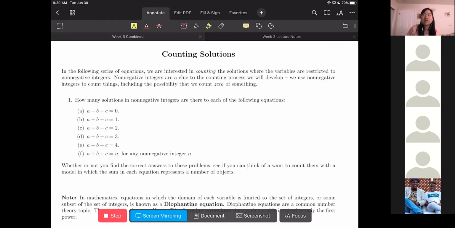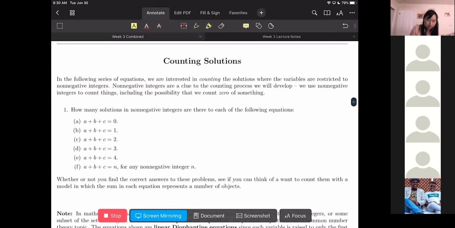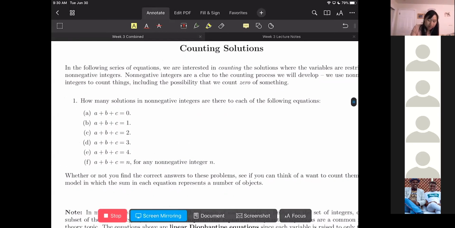But let's first look at this example. So the question here is, how many solutions in non-negative integers are there to each of the following equations? Let's just work through some of these before we think about how to generalize. How many non-negative solutions are there to a plus b plus c equals 0, just to get started? 1.